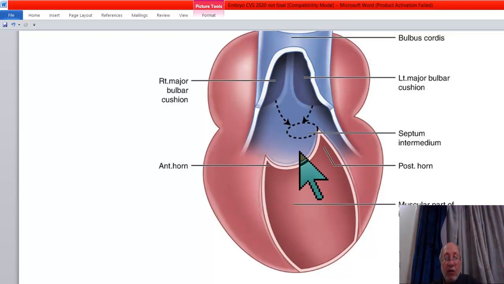Now there is a foramen between the right and the left halves of the ventricle. This foramen is called the interventricular foramen.